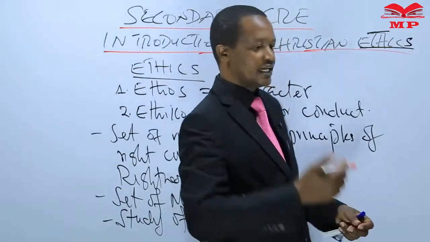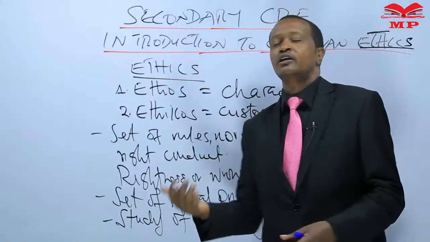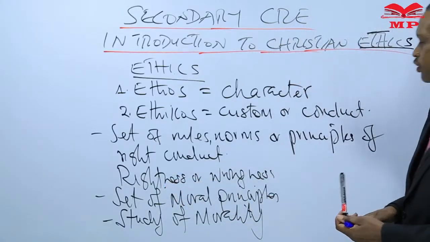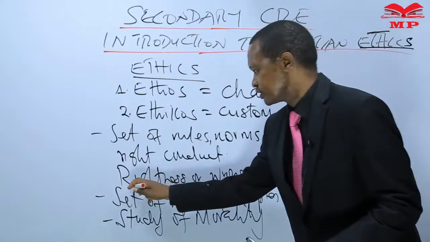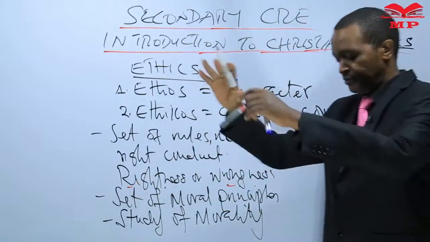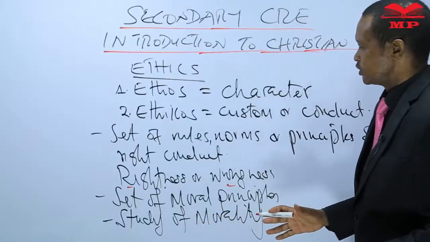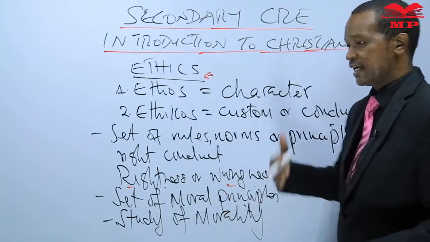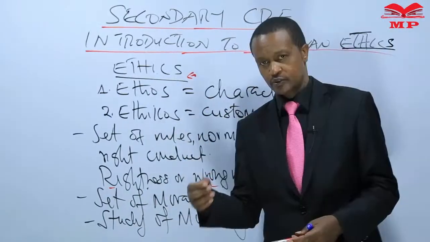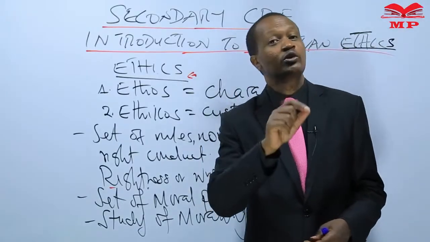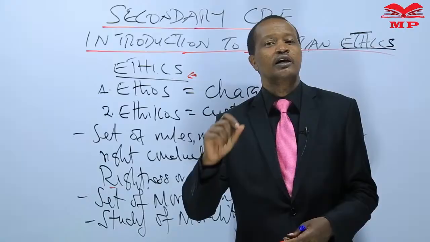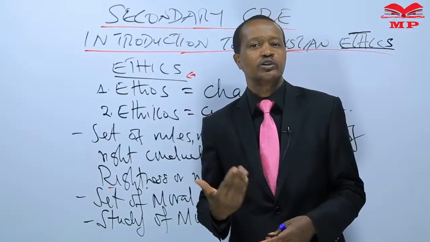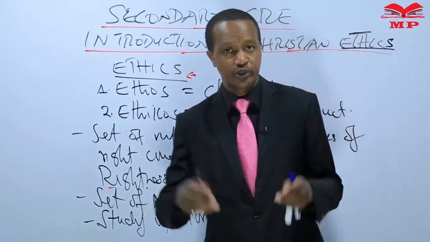Each community has a set of rules which determines the rightness or wrongness of actions. Every group of people who stay together develop what we call ethics, or a set of rules which will guide the behavior of persons. And each member of that group or community is expected to uphold or obey these rules to ensure that there is peaceful and harmonious coexistence.